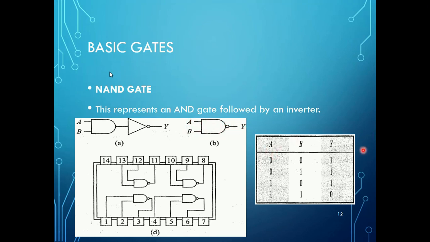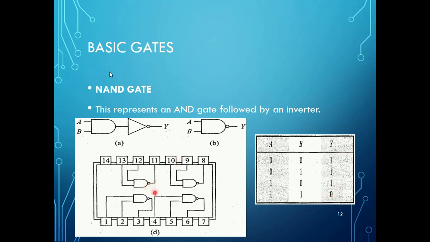So if you see the truth table of the NAND gate, A and B are input, Y is the output. A is low, B is low, Y is high. A is 0, B is 1, Y is 1. A is 1, B is 0, Y is 1. A and B are both 1, or both high, output Y will be 0 or low.